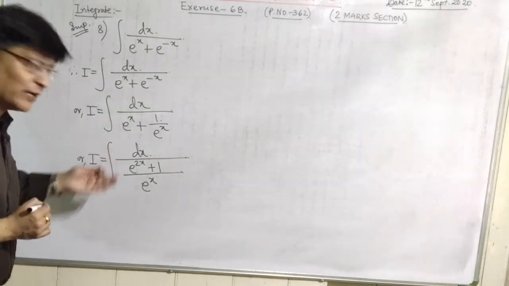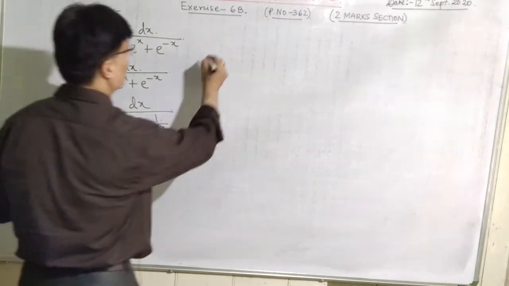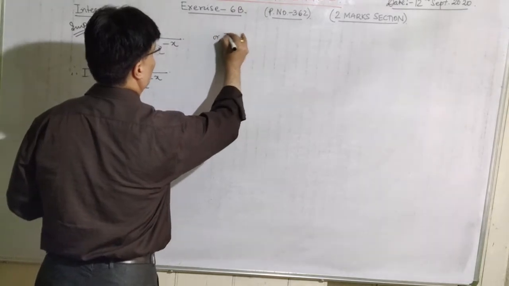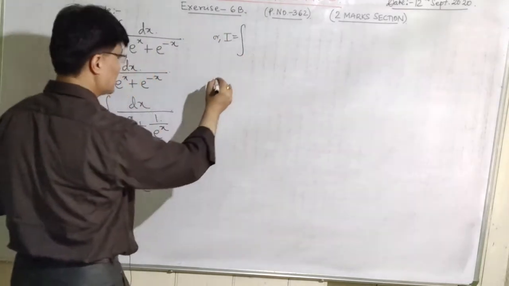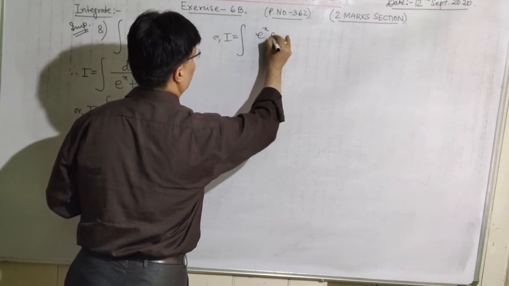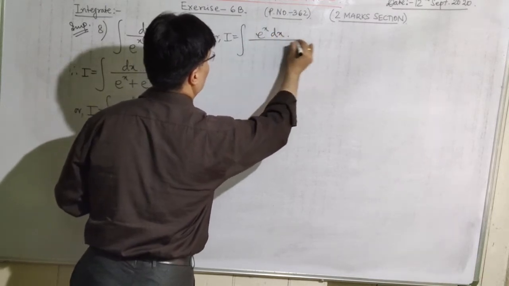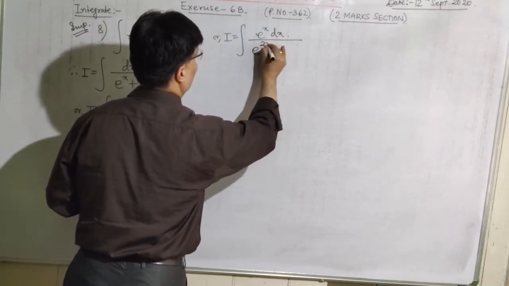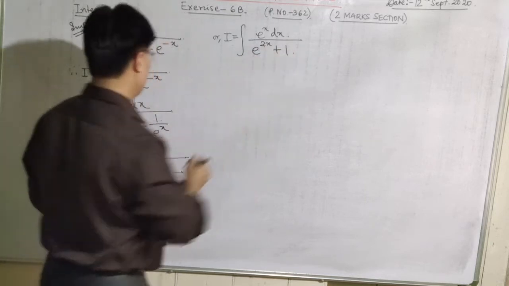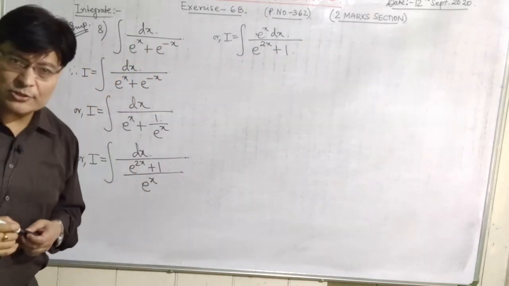So after simplification, e to the power x goes up in the numerator. I is equal to integration of e to the power x dx divided by e to the power 2x plus 1. Is that understood?